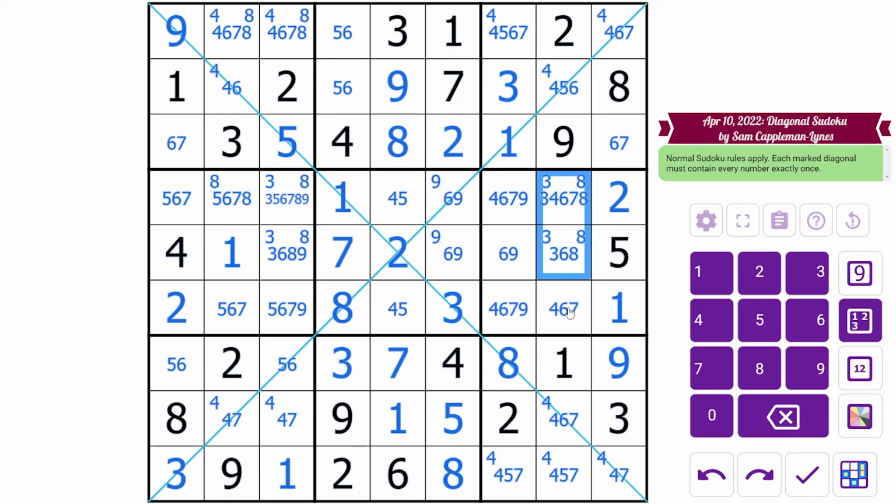There's something. 3 and 8 in this box have to be here. So that's a 3-8 pair.